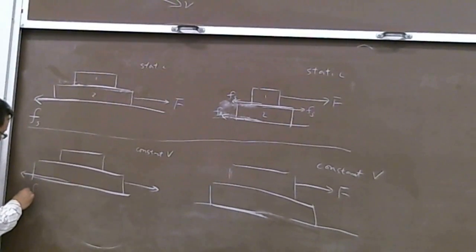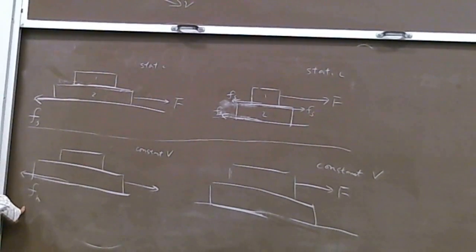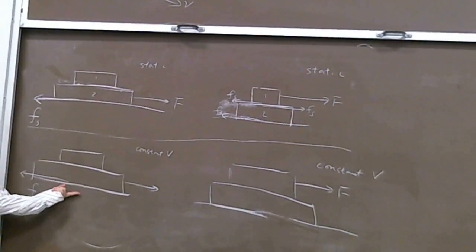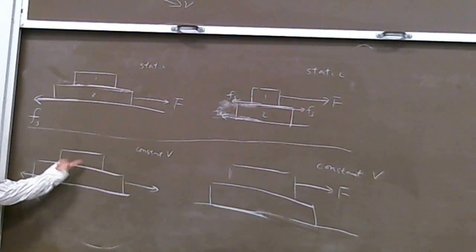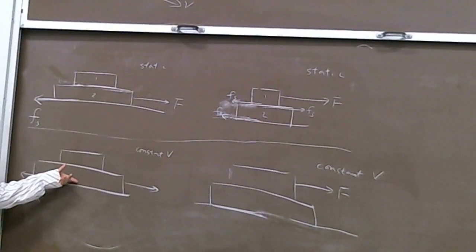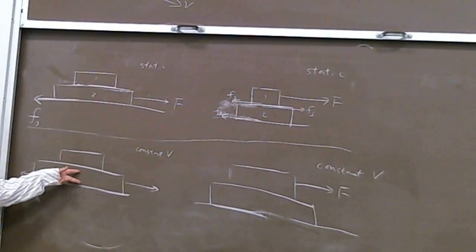So instead of have some static frictional force, you will have kinetic frictional force. But still, we have only one frictional force at the ground, from the ground, and you don't have frictional force between the two again. Because both of them are moving, okay, with the same constant velocity.